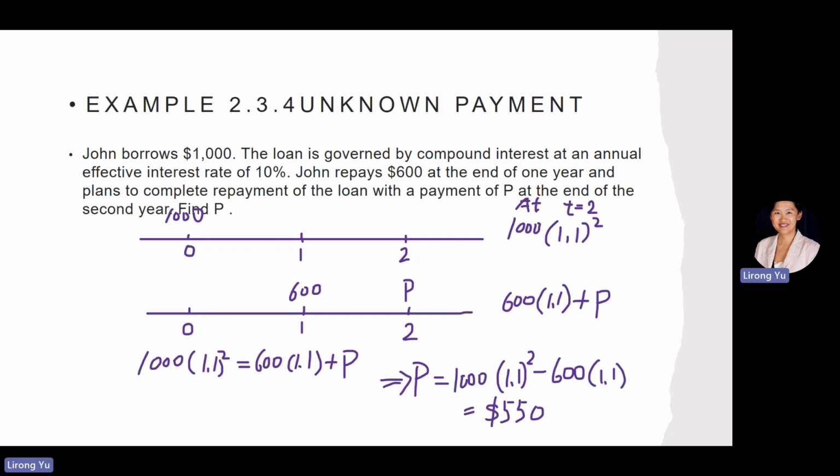So if we set up an equation for time 2, the 1,000 is growing 2 time periods. So 1,000 times 1.1 to the power 2.